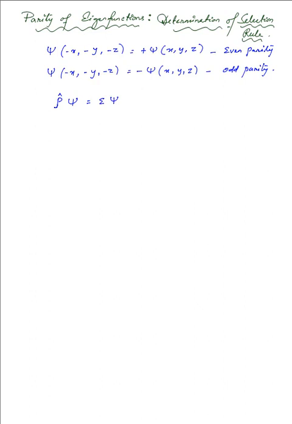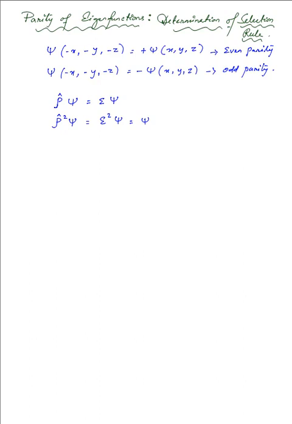As far as the rule of parity is concerned, if this parity operator is operated twice, that means we get P squared times psi, then we will have e squared times psi. This gives the eigenfunction back, because whether it is even parity or odd parity, we have the eigenfunction back after operating the parity operator twice.